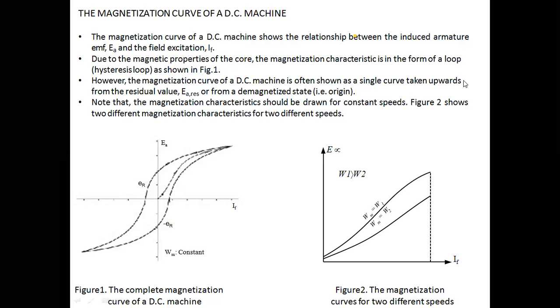When we are supposed to look at the armature current, it will depend on the produced voltage. When we are using the DC machine as a DC generator, we call that the generated EMF or armature EMF.